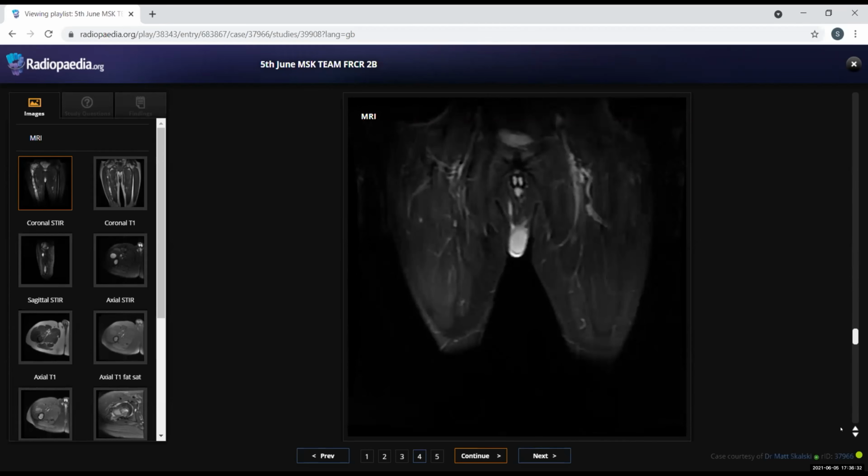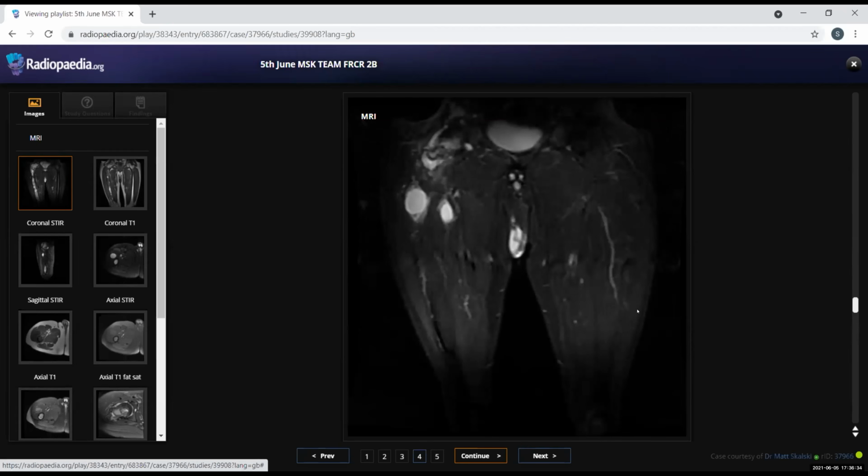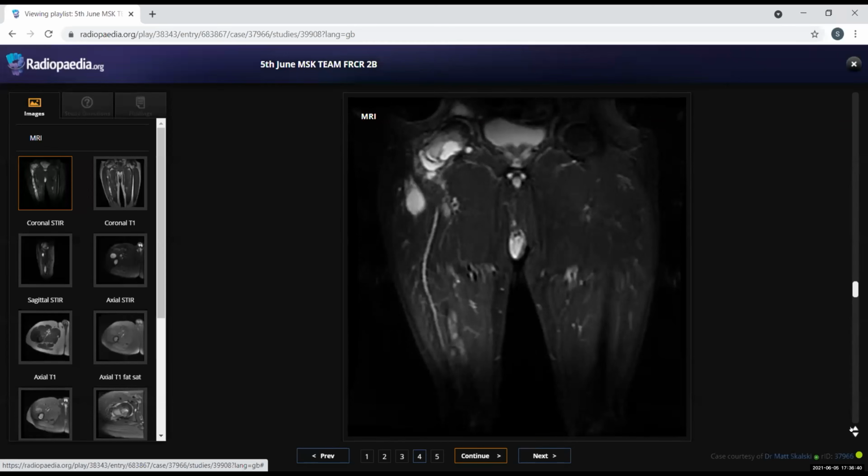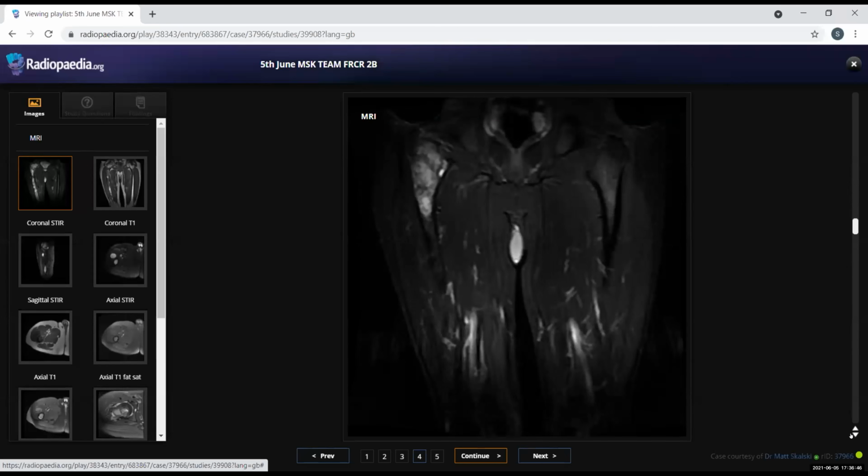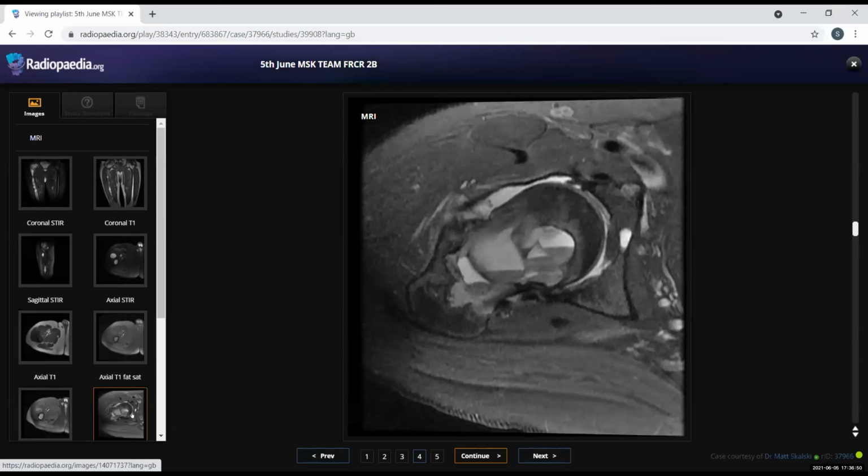There are some soft tissue lesions seen intramuscularly in the posterior aspect of the thigh. So these could represent soft tissue myxomas in a patient with polyostotic fibrous dysplasia. Good that you picked this as well.